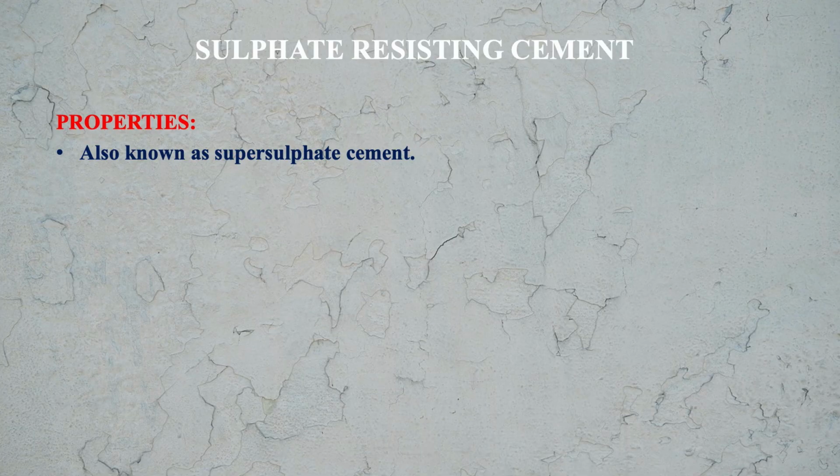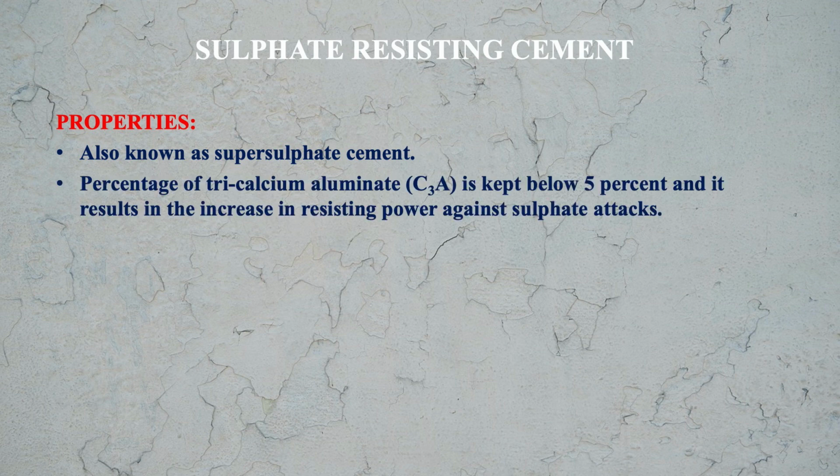Now let us see another type of cement. This is sulfate resisting cement. The properties of sulfate resisting cement, also known as super sulfate cement, are that the percentage of tricalcium aluminate is below 5%, very less, and it results in an increase in resisting power against sulfate attacks.